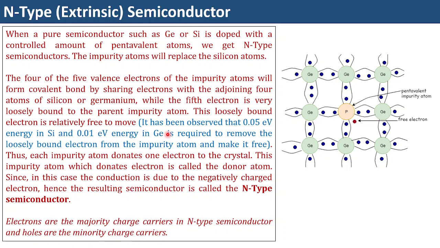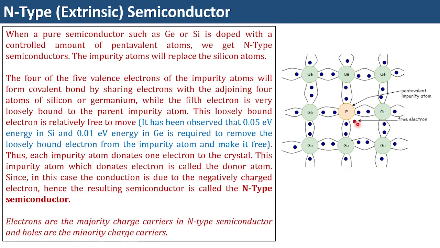So that is why, not even low temperature, just at room temperature, which we take to be 27 degrees centigrade or 300 Kelvin, this particular electron is completely free. This is no longer bonded to this phosphorus. So this extra electron behaves as a free electron.